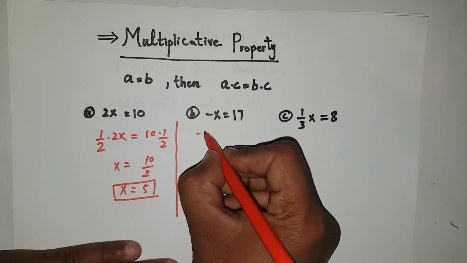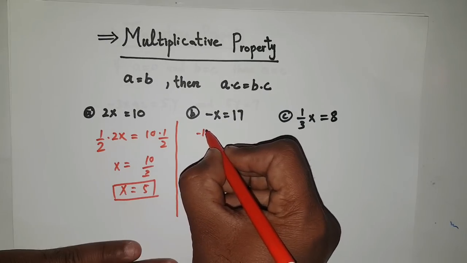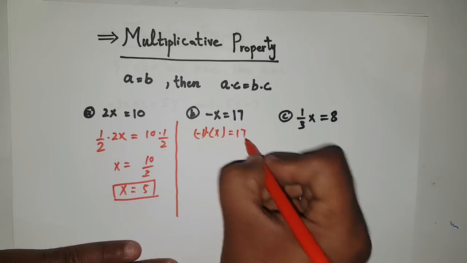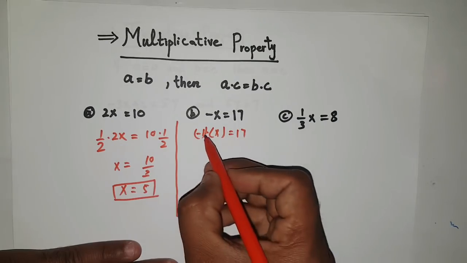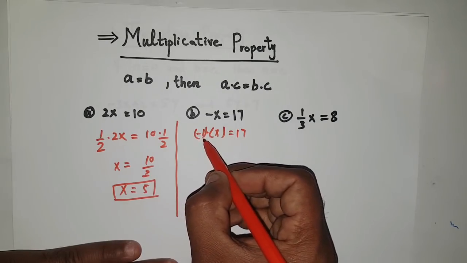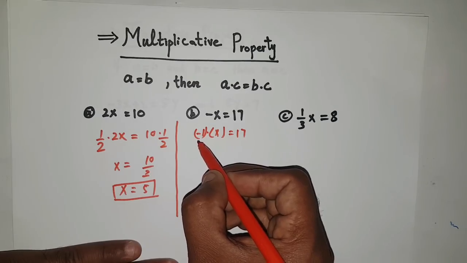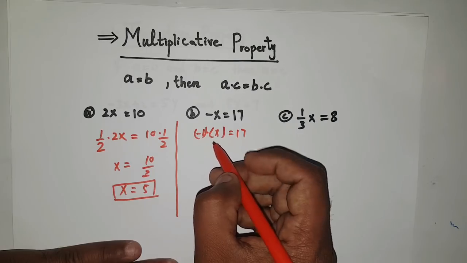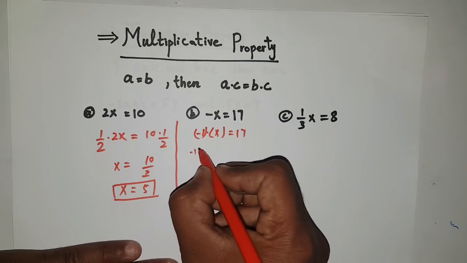The next one is minus x is equal to 17. Minus x, we can also write as minus 1 dot x is equal to 17. We want to remove minus 1 from here, so we will multiply with its reciprocal, which is also minus 1.